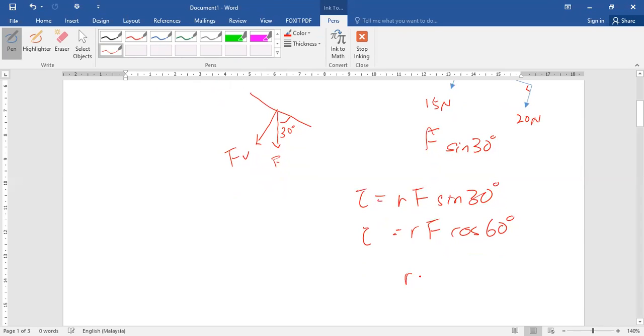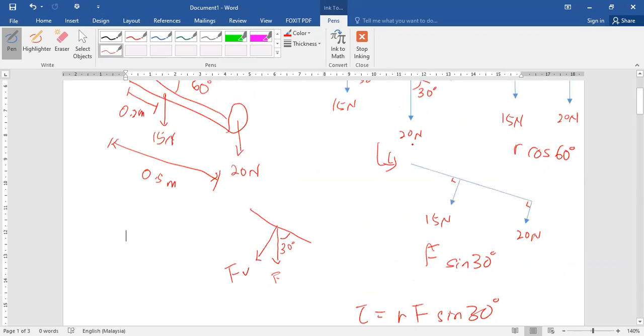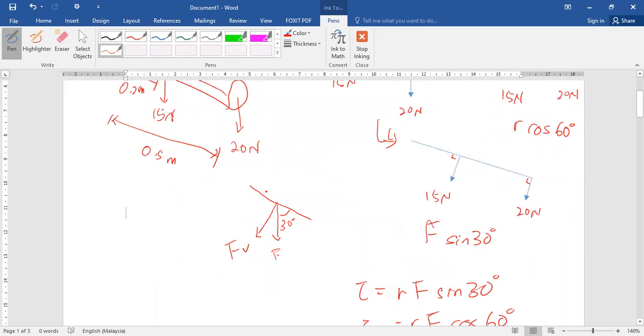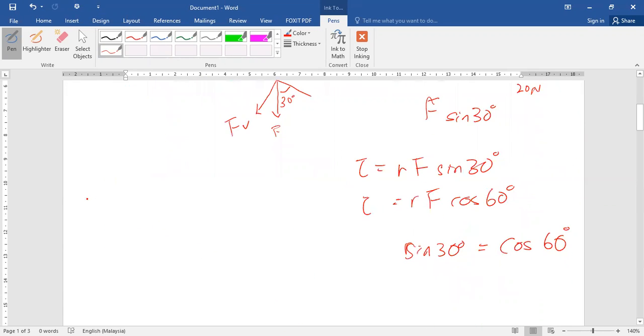Because it proves that sin 30 actually is equal to cos 60. So no matter how here, now if I want to convert, either use R1, that means that I want to find the total torque, right? So the total torque basic concept will be equal to R1 F1 plus R2 F2.